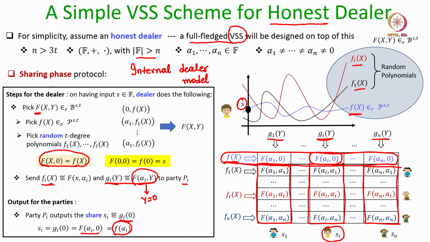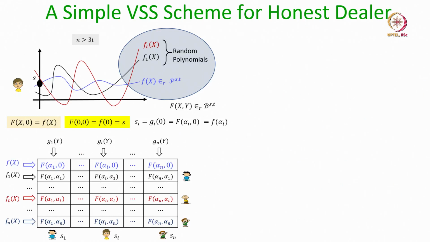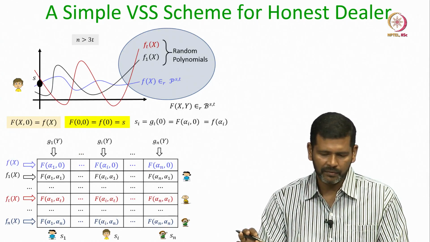That Shamir sharing polynomial f of x, which is the blue colored polynomial here, is actually embedded in a bivariate polynomial, and parties are now getting the row and column polynomials of that bivariate polynomial, and implicitly in those column polynomials the Shamir shares are embedded. So, this is the sharing phase protocol.